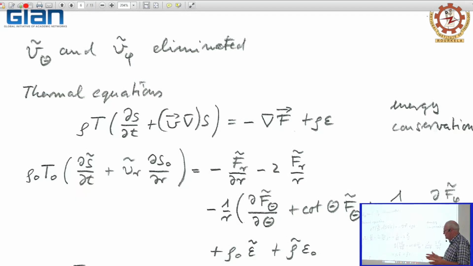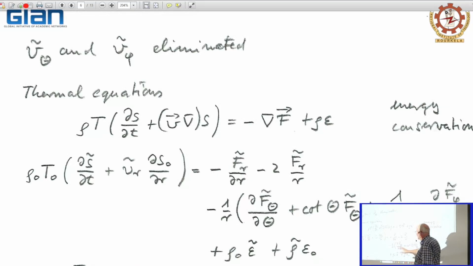Here we certainly take into account the background model and we perturb everything in the usual way. Linearization means we expand it around the equilibrium and we neglect terms of order higher than 1.